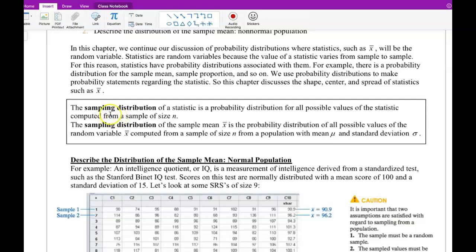Here on this part we have sampling distribution of a statistic, which is the probability distribution for all possible values when we have a sample size of n.